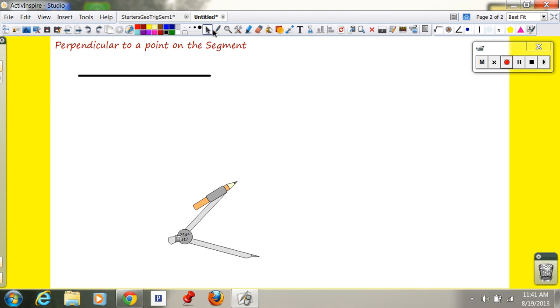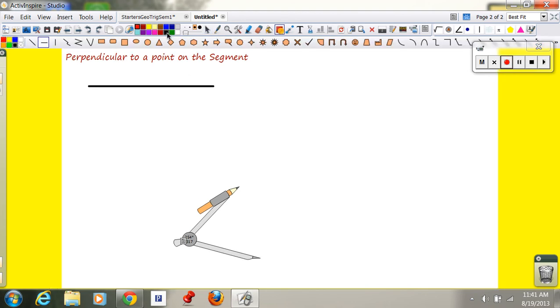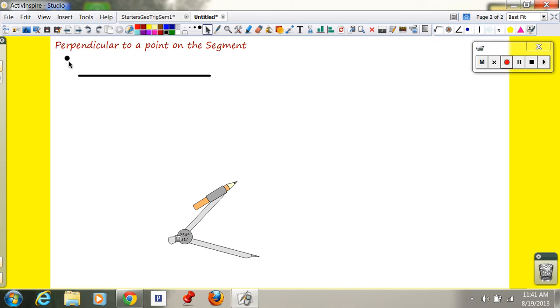And since it's a segment, we definitely want dots at the ends. So we want two endpoints. And we want a third dot to be somewhere on the segment. Don't put it right in the middle.